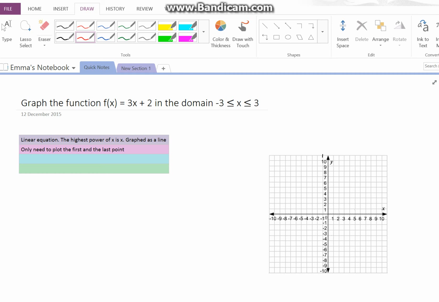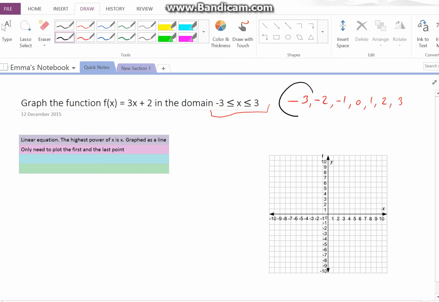Okay, so we need to graph it in the domain of minus 3 is less than or equal to x is less than or equal to 3. So we know that our points are between minus 3 and 3. You're going to need minus 3, minus 2, minus 1, 0, 1, 2, and 3. We said we only have to plot our first and our last, so our first will be minus 3, our last will be 3.